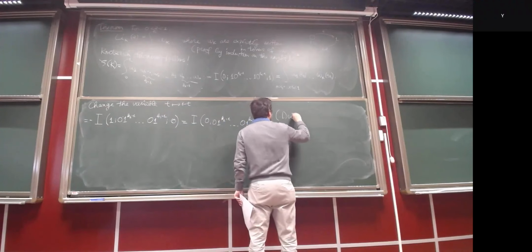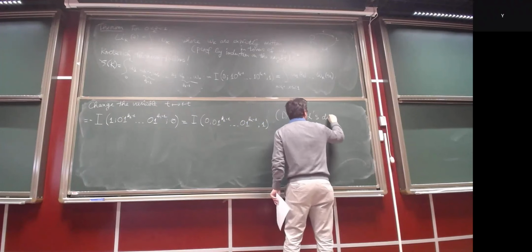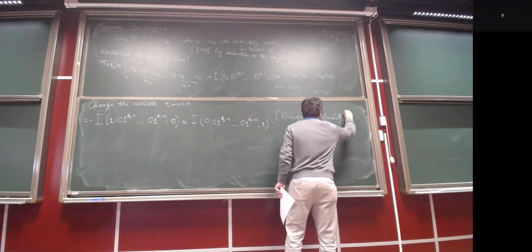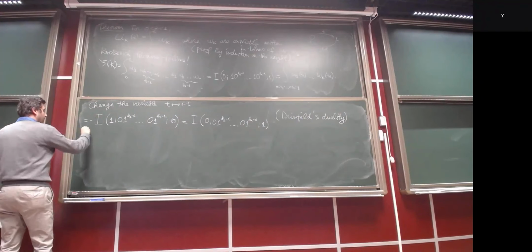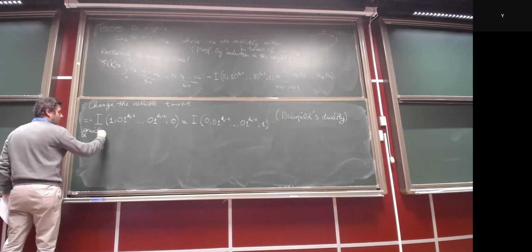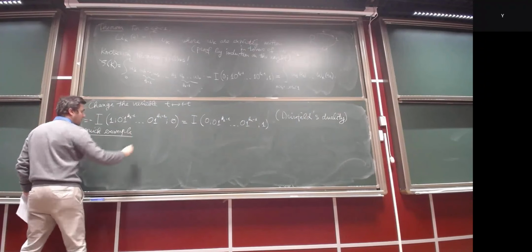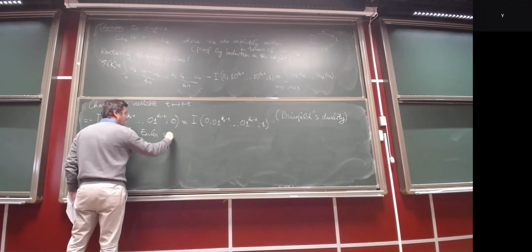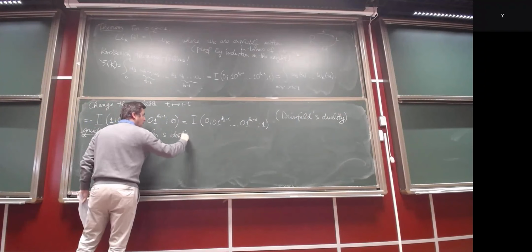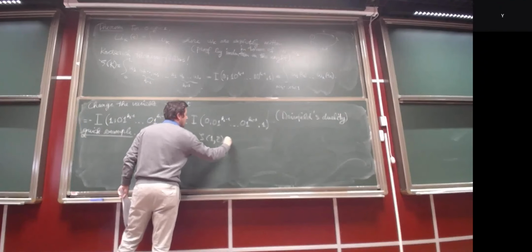In fact, I'll write it explicitly. Let me just give you a quick example. The quick example I have in mind is, again, let me go back to Euler's identity: zeta of 1, 2 equals zeta of 3.